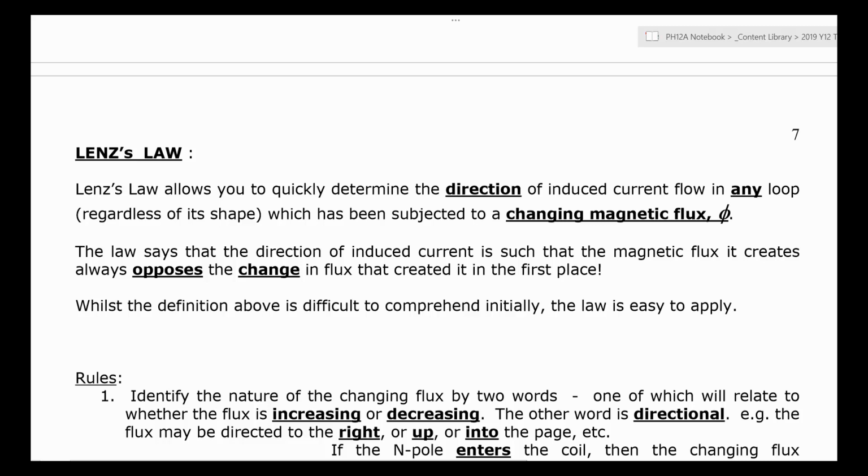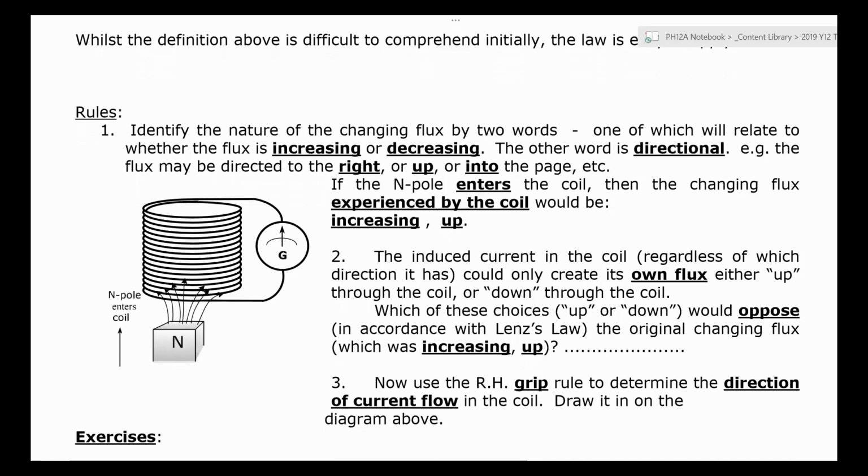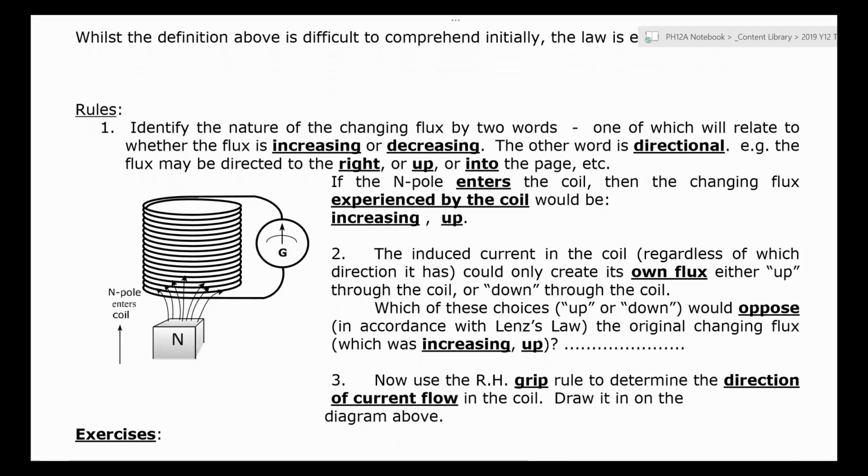From now on, I will never talk about changing magnetic field. We are always going to be talking about magnetic flux and how it changes. So first of all, rule 1, we need to think about how the flux has changed, or I like to call this step, what the flux.